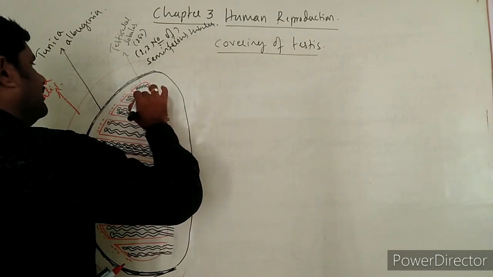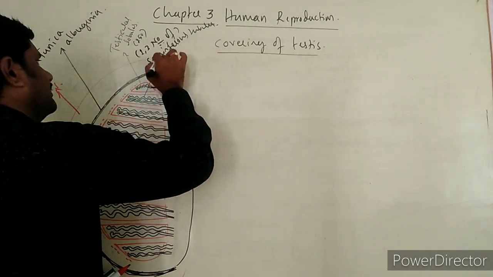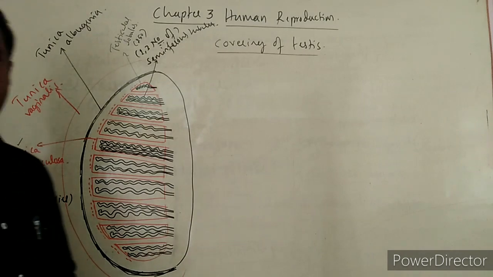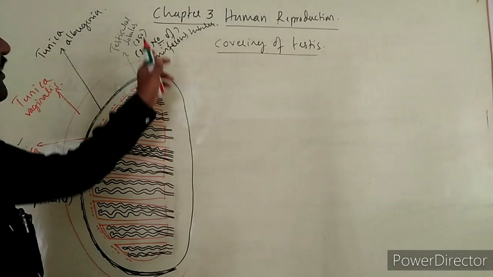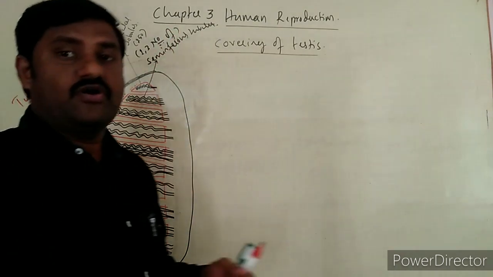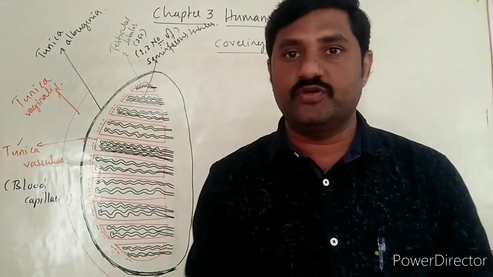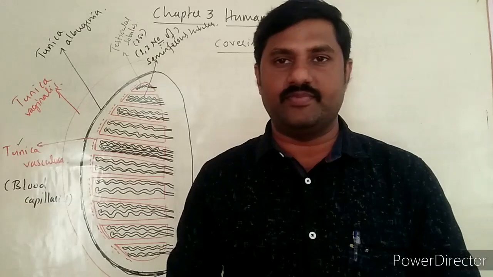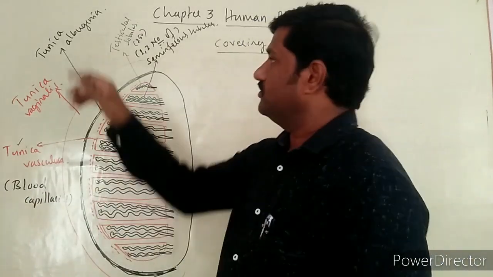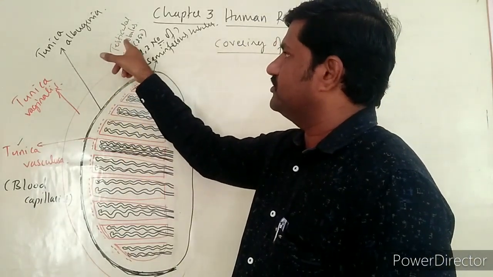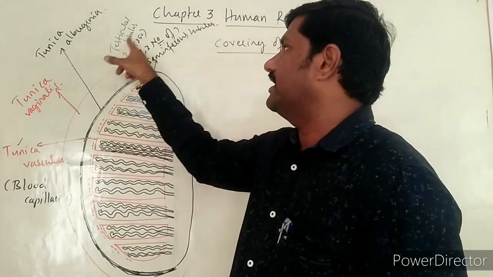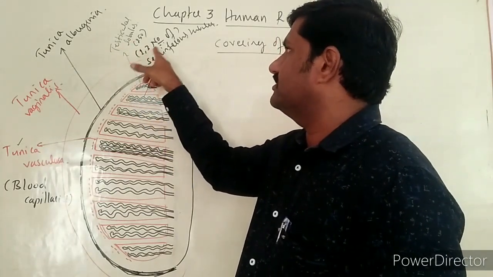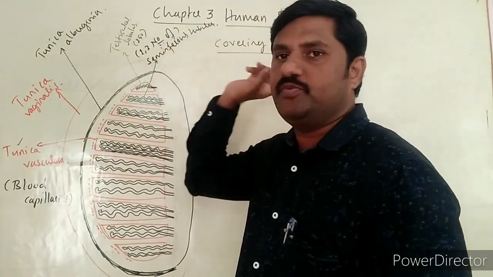I shall label here, these are nothing but seminiferous tubules. So there are 1 to 3, in the sense that, how many seminiferous tubules are present in each testis? The question may arise in a NEET examination. There are 250 testicular lobules, and each contains 1 to 3 seminiferous tubules.